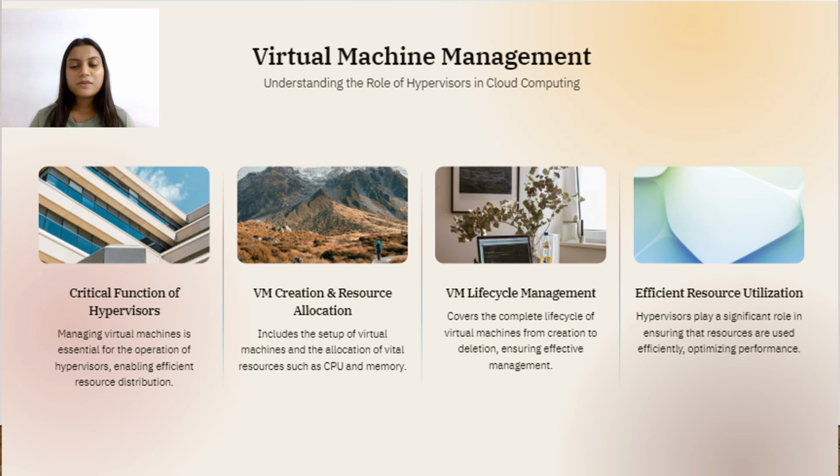The third one is VM lifecycle management, which covers the complete lifecycle of virtual machines from creation to deletion, ensuring effective management. The fourth one is efficient resource utilization, in which hypervisors play a significant role in ensuring that resources are used efficiently, optimizing performance. These four are the virtual machine management in cloud computing.